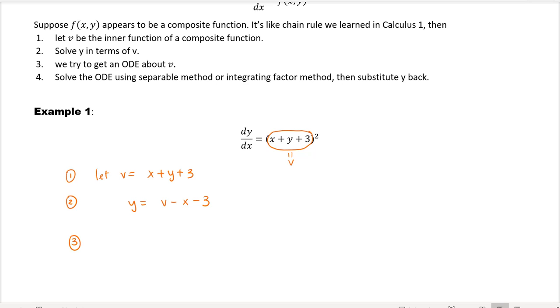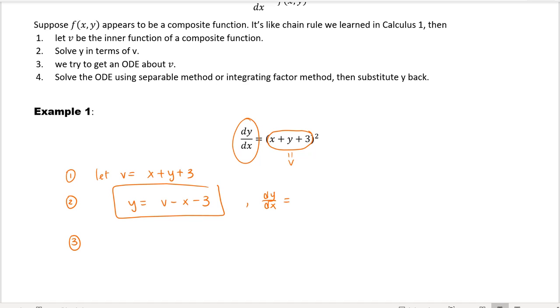Next we want to get an ODE about v. So on the left hand side, you see dy dx. So what is dy dx in terms of v? Now, look at this equation. We take the derivative with respect to x on both sides. On the left hand side, we have dy dx.